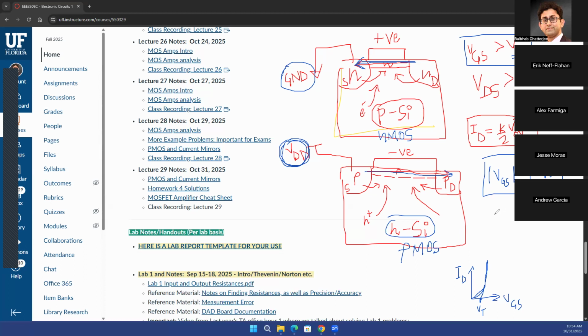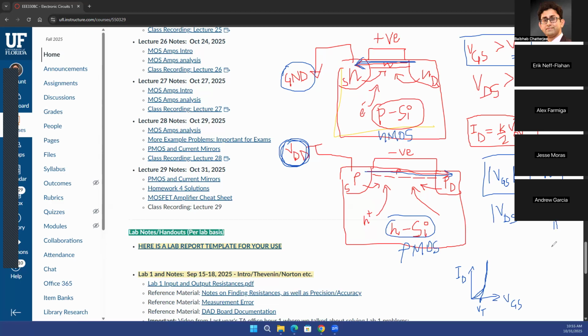Similarly, when I write the second equation, that is the equation for your saturation region, what I'm going to write is that the absolute value of VDS, if that is higher than the absolute value of V overdrive, then your transistor will be in the saturation region or the active region. And what is going to be your V overdrive?